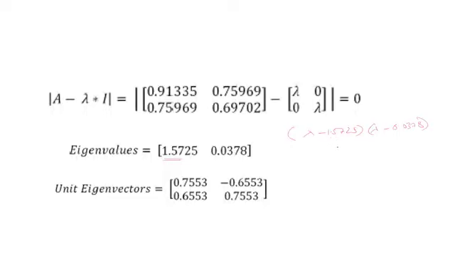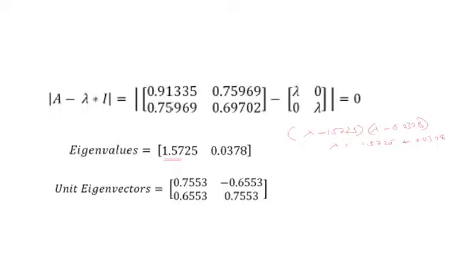Here the lambda would be 1.5725 and 0.0378. Now, I mentioned that eigenvalue will help you find out how much variance each principal component is capturing. But you can ask how these values explain how much variance.